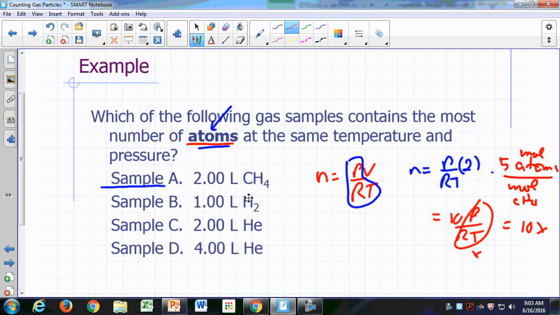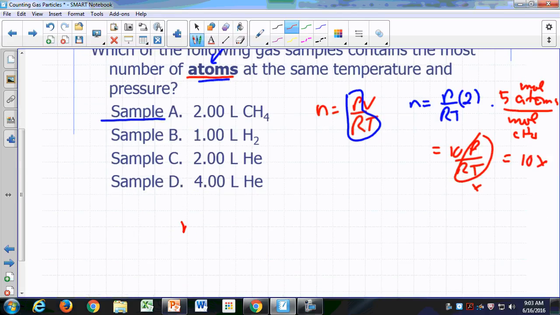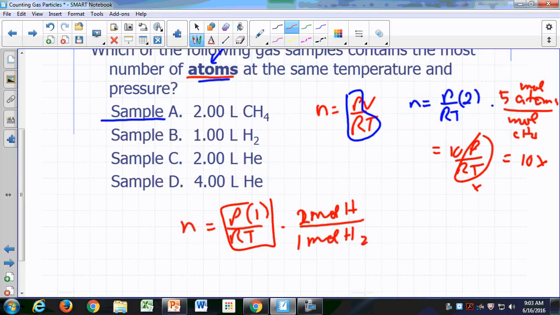Let's try H2. For H2, number of moles is PV over RT. Our volume is 1, times 2 moles of H in 1 mole of H2. This n is the moles of H2, that's the n from the ideal gas equation.